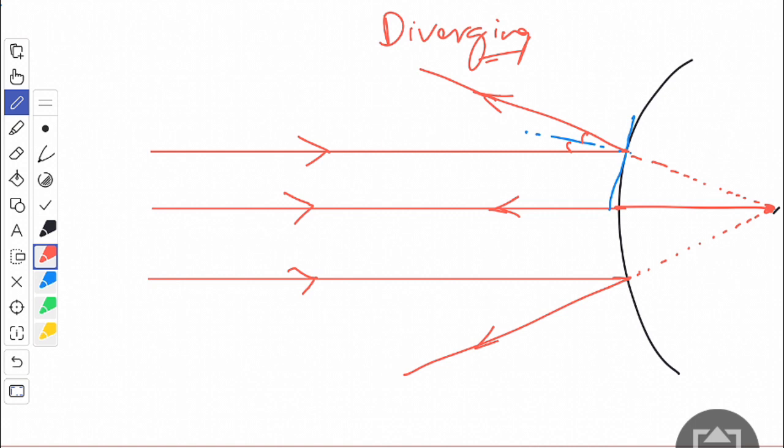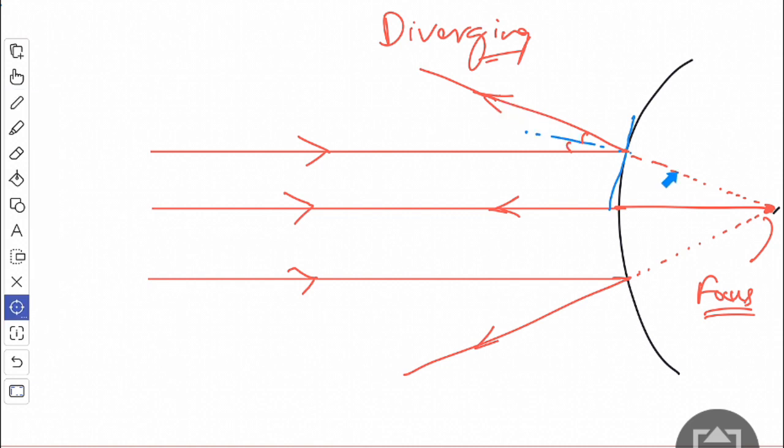And here for a convex mirror, this point is called focus. So here the rays diverge, but geometrically, even when diverging, if we extend them back, they'll all meet at the same point, and this point is called focus, or we can also say principal focus.